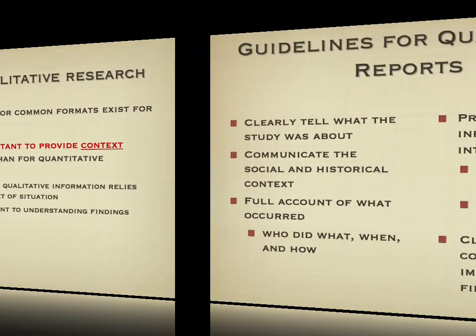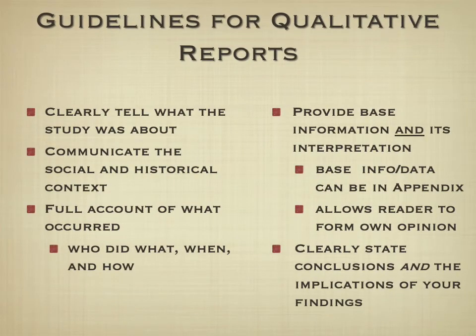A few things to remember, and I won't go through all of this, but just really think about what you're providing, and again focus on who, what, why, where, when, and how with the qualitative research.